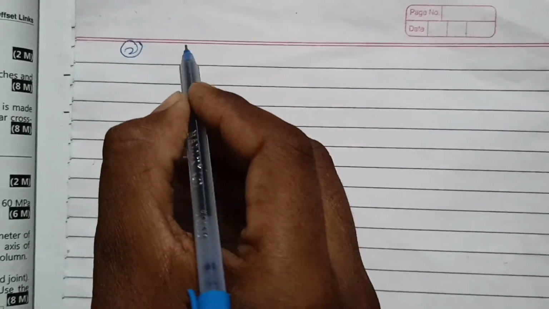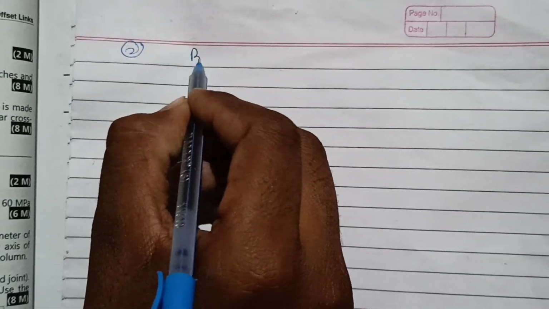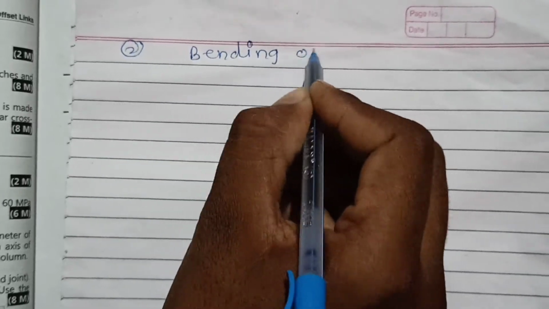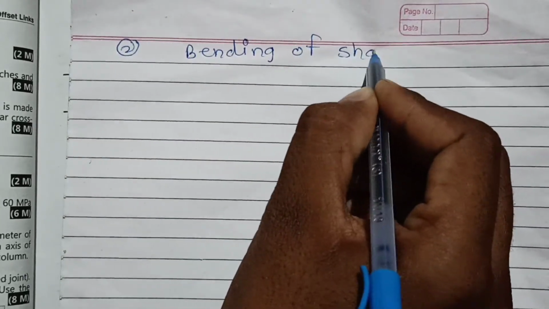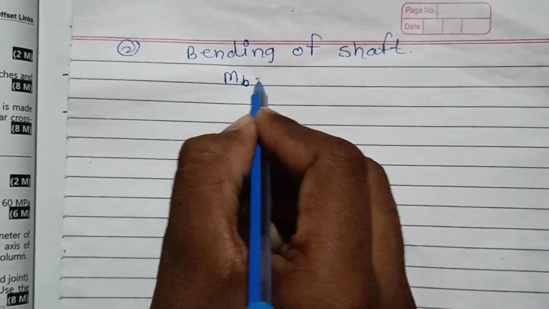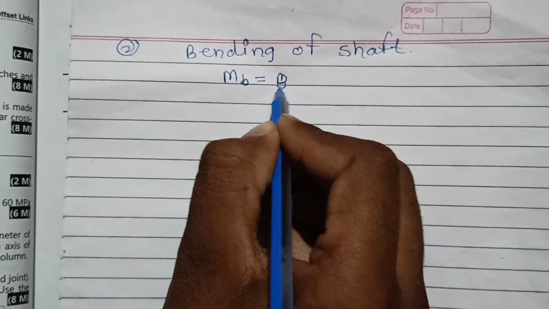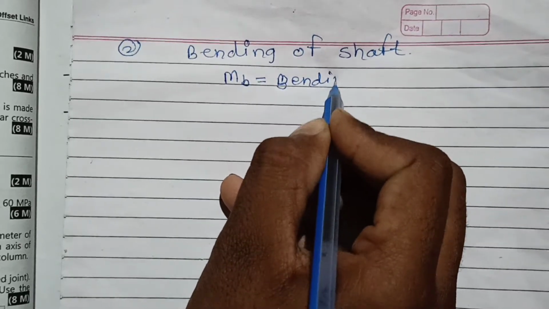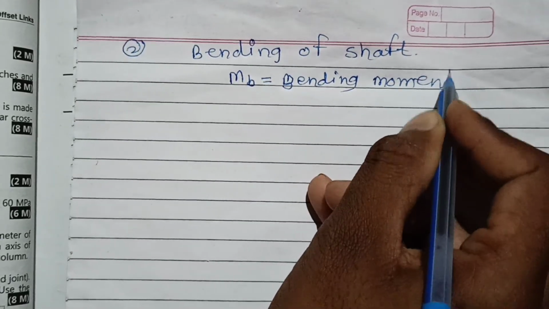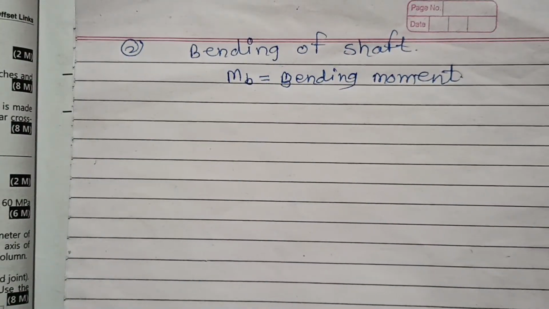Torque is developed due to the rotation, and the second concept is due to bending of the shaft. Here the bending moment is denoted by MB. Bending moment is created in the shaft.